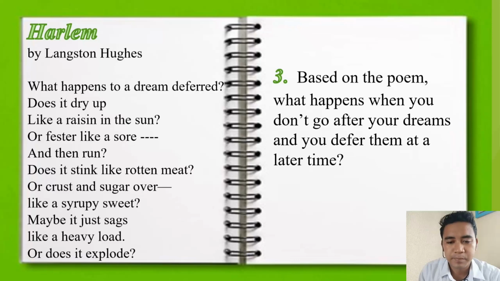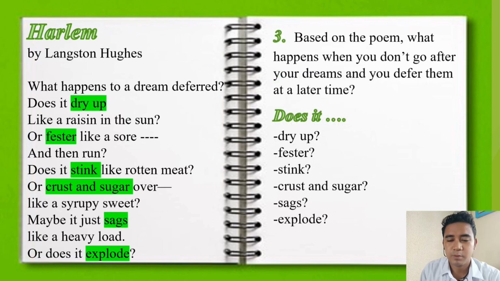Number 3. Based on the poem, what happens when you don't go after your dreams and you defer from them at a later time? What happens? According to the poem by Langston Hughes entitled Harlem, it dries up, festers, stinks, crusts and sugars over, sags and explodes.